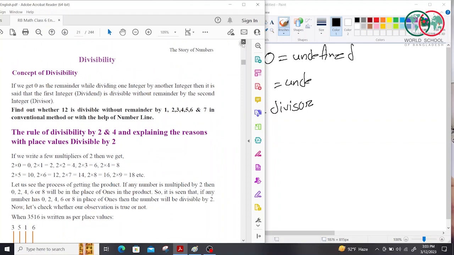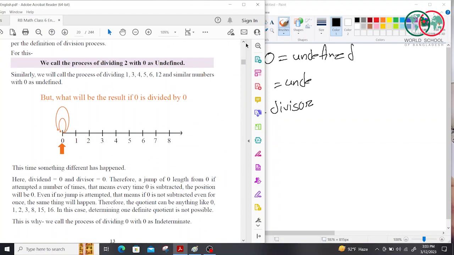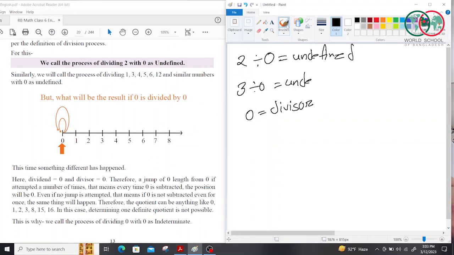In other numbers, when we divide anything by the same number, like 12 divided by 12 equals 1, 8 divided by 8 equals 1, but in case of 0 divided by 0, we can't write 1 because it's like one jump, but it is again coming back to 0. So this is something we can't determine, so it is indeterminate, or we can also say it is undefined.